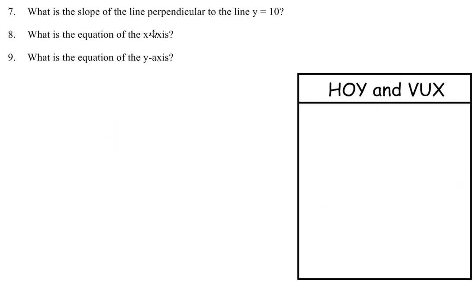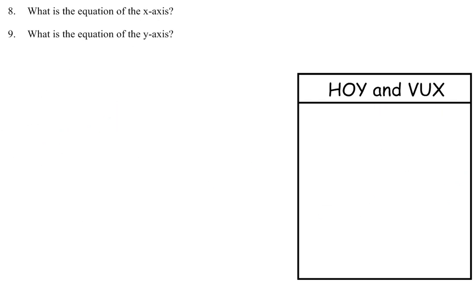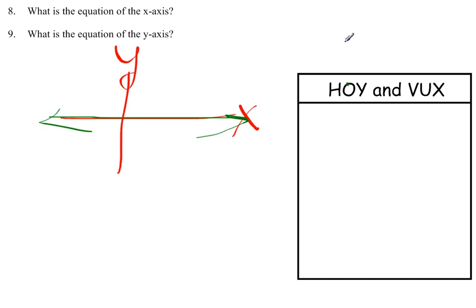And number 8, equation of the x-axis. Oh, that's interesting. X-axis, y-axis. The x-axis itself is a horizontal line, isn't it? It's a horizontal line, so I'm thinking Hoy. The equation of a horizontal line is y equals a number. Well, what's the number? What's the height? What's the y value on this line?